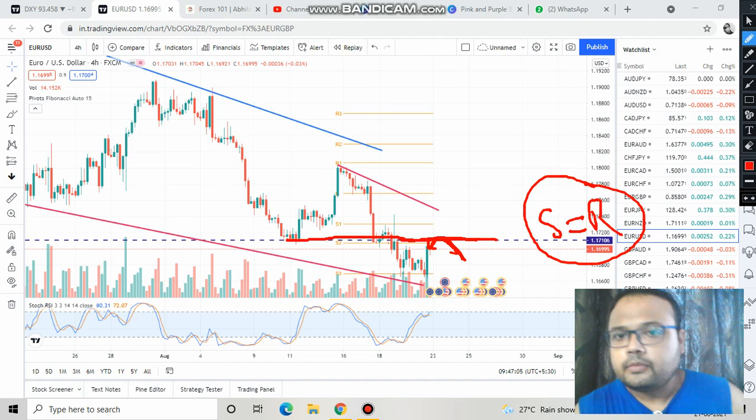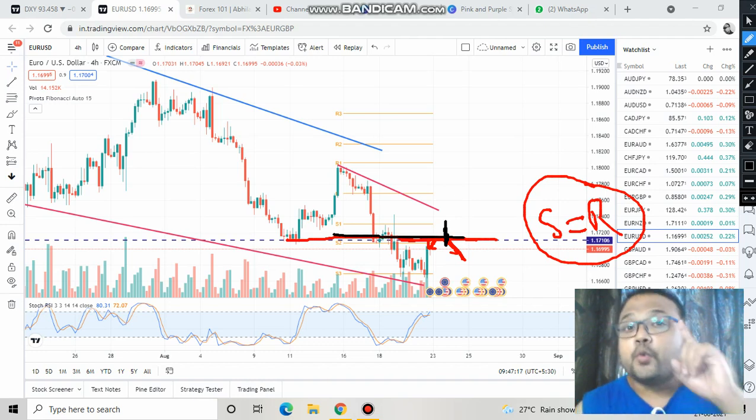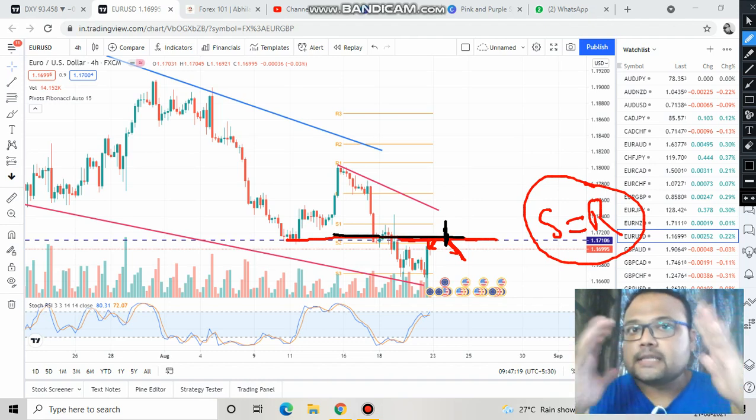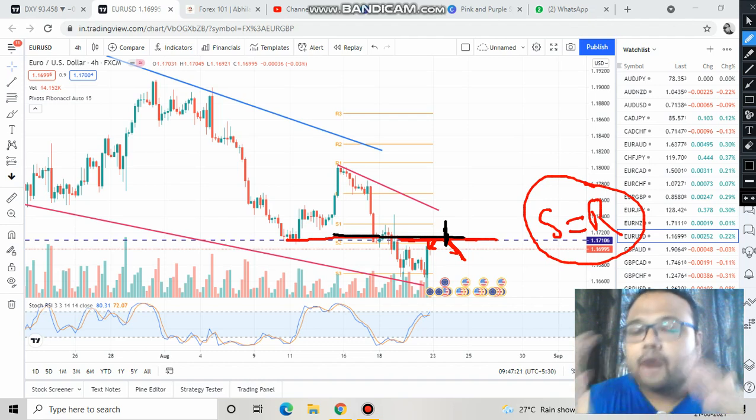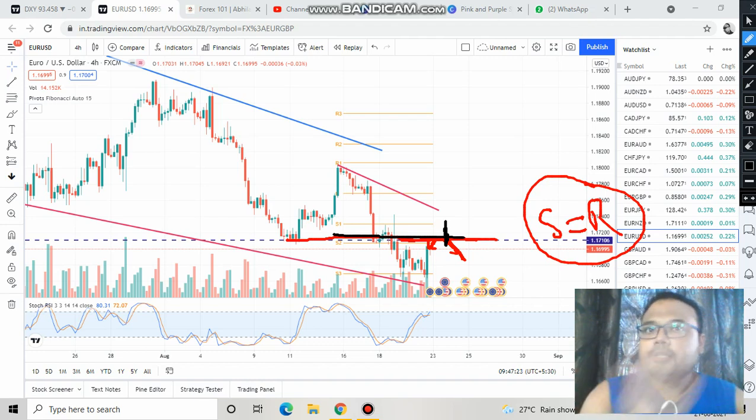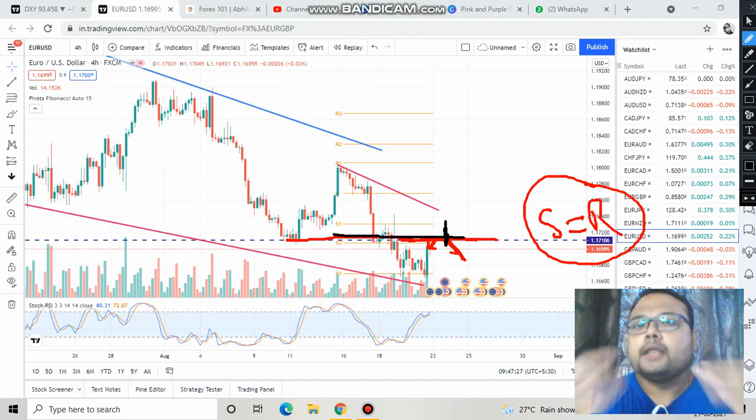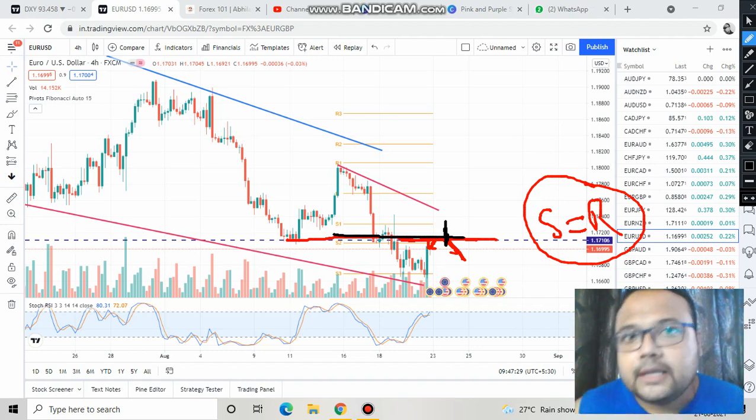Clear? The second trading opportunity is if the market crosses this weekly support level, then wait for at least 4 hours and see how the price is reacting. Because in the weekly chart we have seen that the market is still trying to take support, still trying to respect the weekly support here.